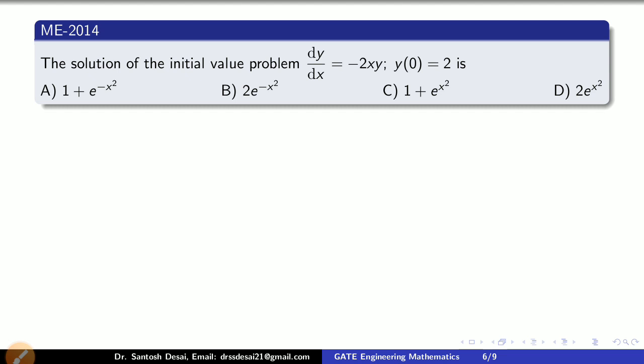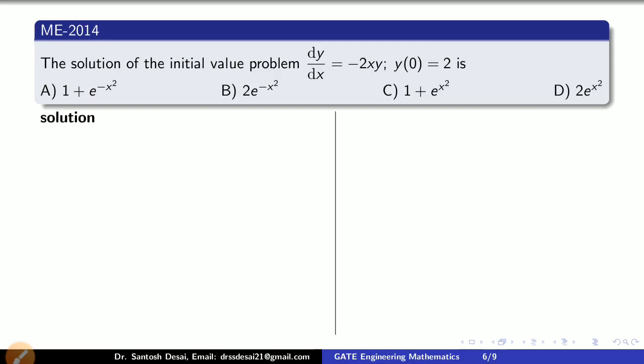And if you put x is equal to 0 in all the options, you will get the answer 2. So in this case it is difficult to find the solution by using the trial and error method. So therefore you have to solve this example here.